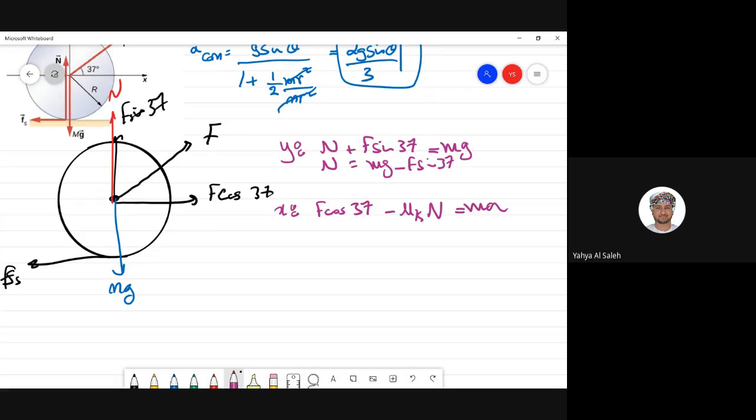I will substitute this N here. I will get F cosine 37 minus mu k times mg minus F sine 37 equals MA.